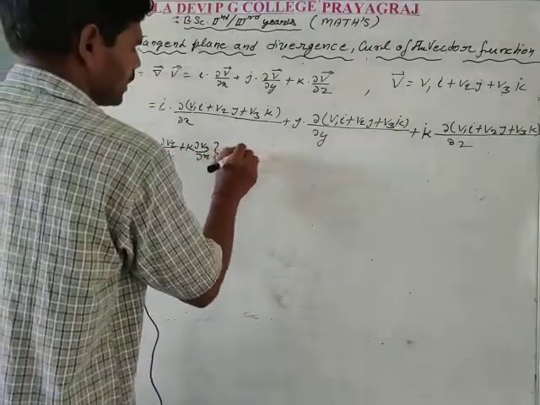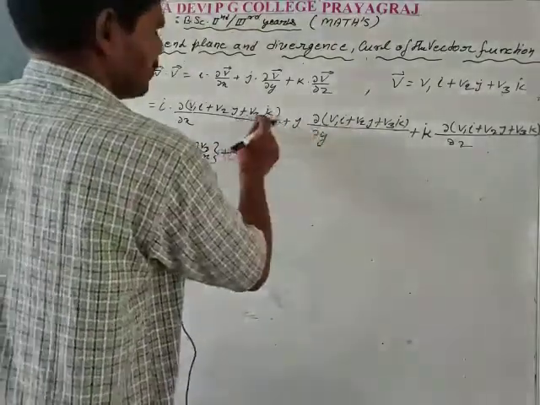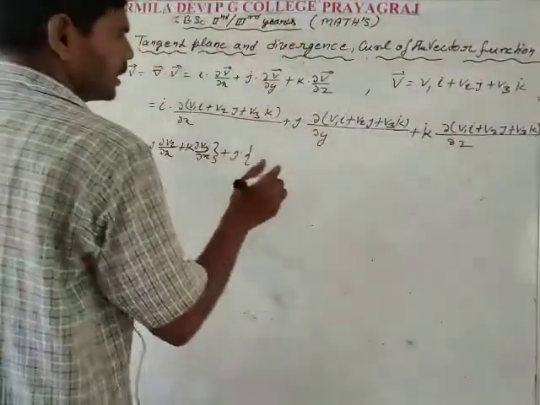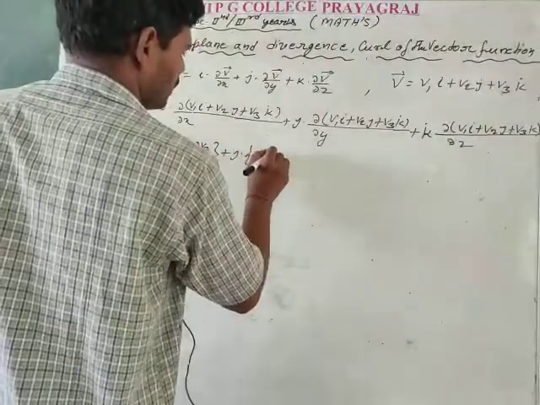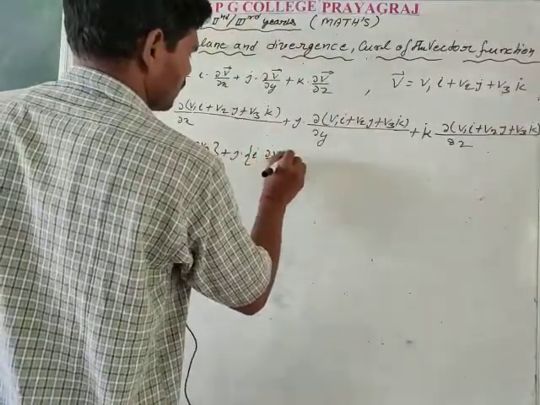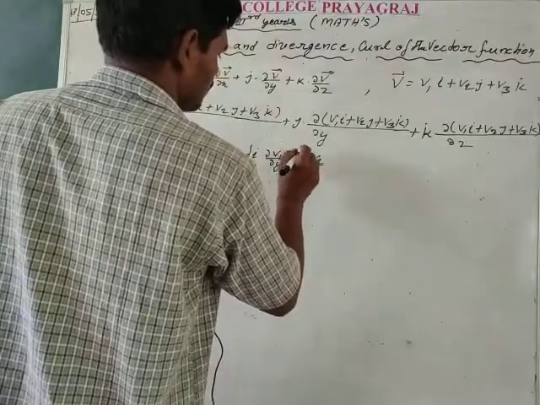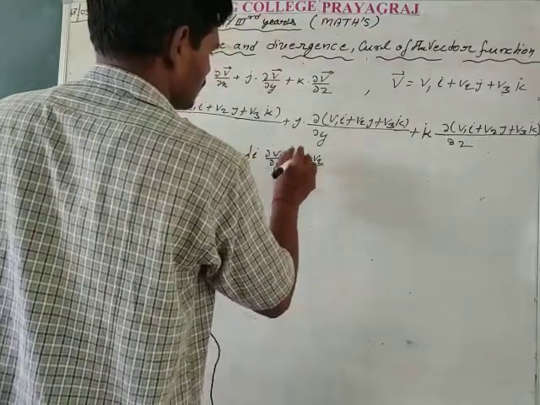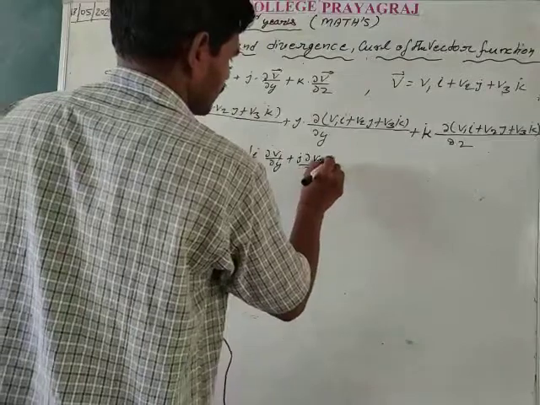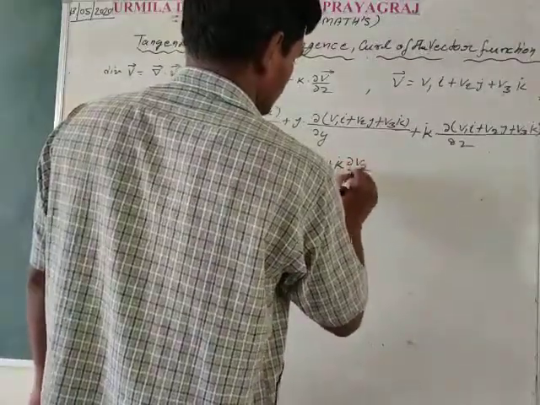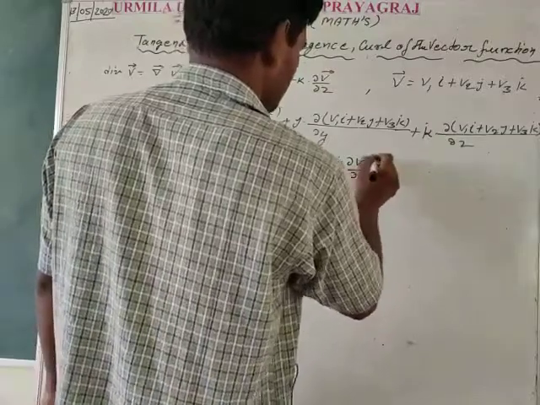Then j dot, the same rules apply in the second and third parts: del V1 by del y plus j times del V2 by del y plus k times del V3 by del y.